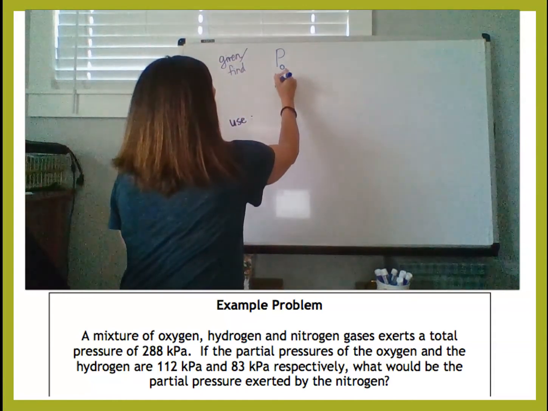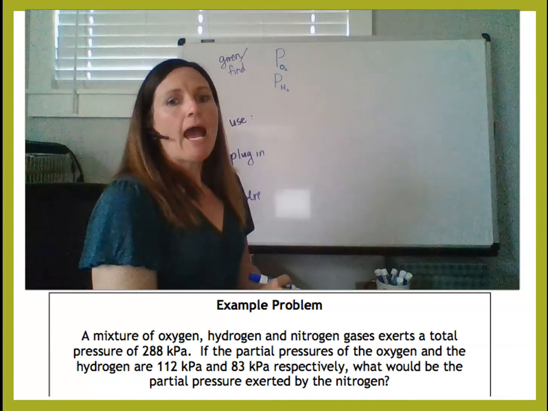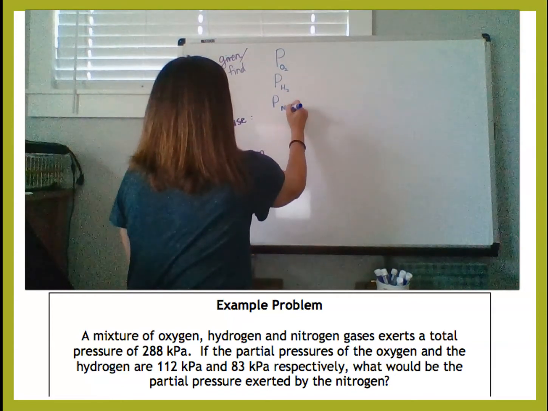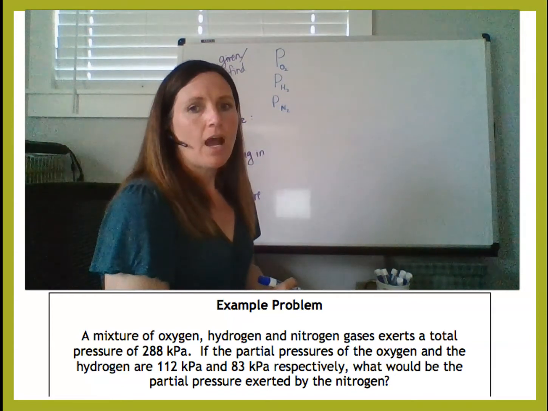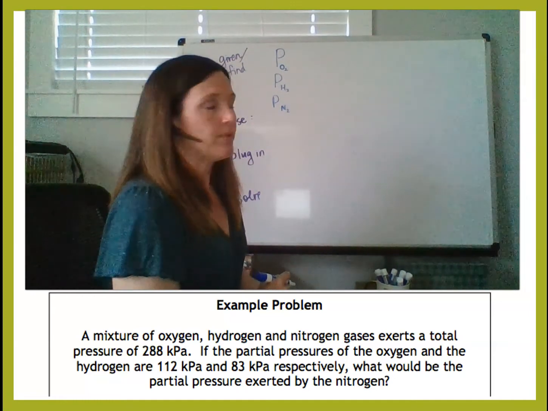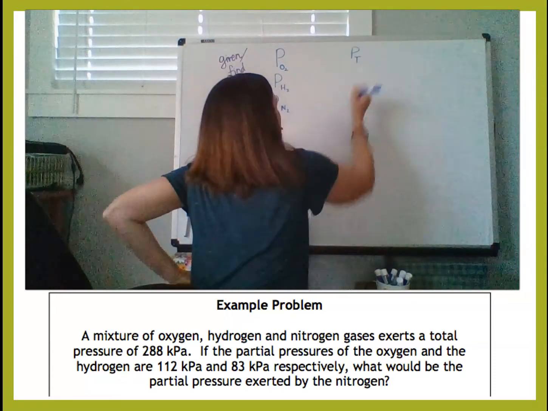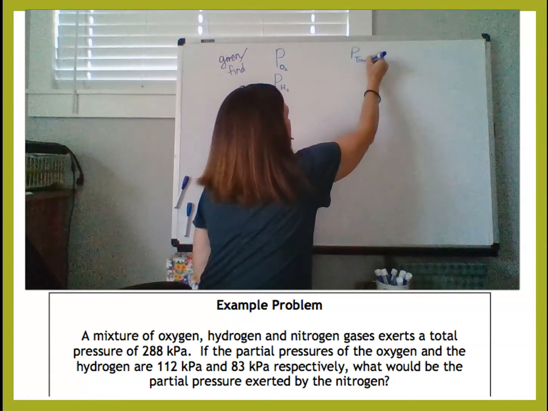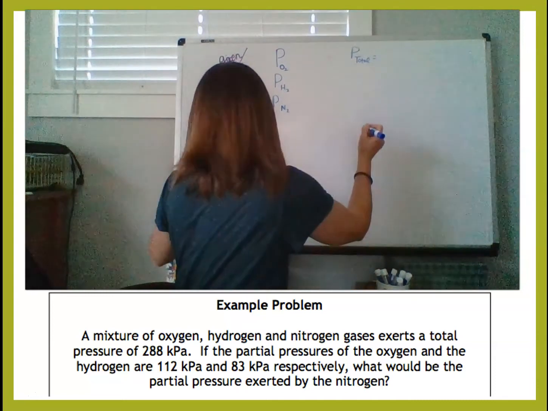We have pressure due to hydrogen gas, H2, and pressure due to nitrogen gas, N2. And then lastly, it tells us that the total pressure is 288 kPa. So we're going to say P total, or PT, is equal to 288 kPa.